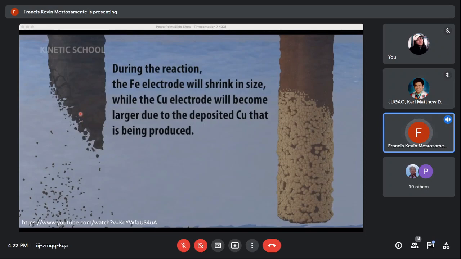Siya yung kakainin kasi mababa ang kanyang nobility. Si gold, silver, or copper naman, sila yung hihigop ng electron and mag-gain ng mass. So, gain of electron and gain of mass. Sila yung magsisilbing cathode doon sa redox process. And sila yung reduction, kanilang pupunta yung reduction.